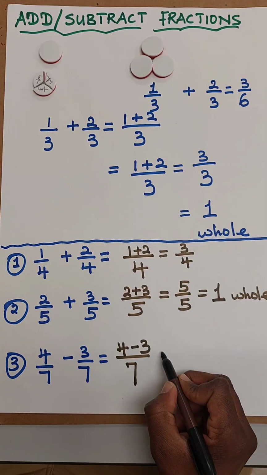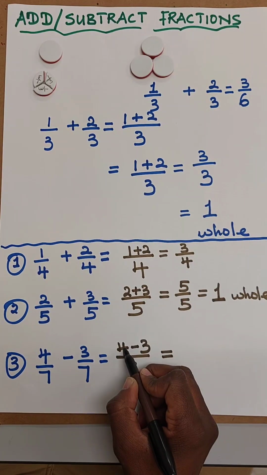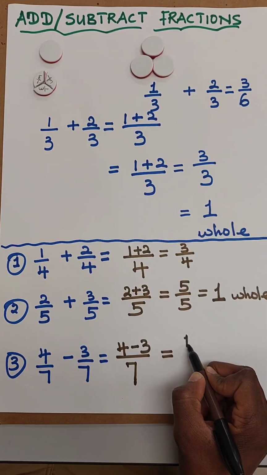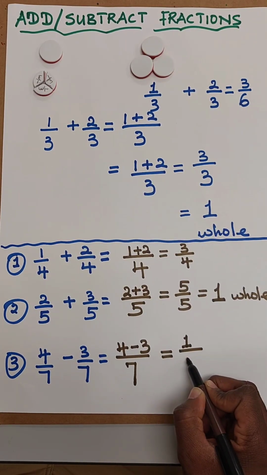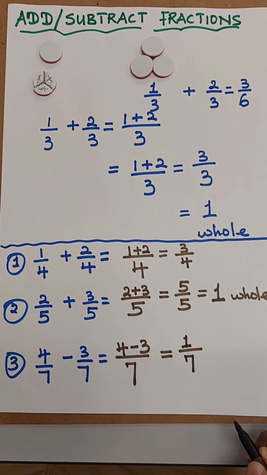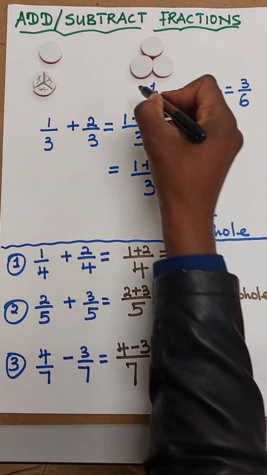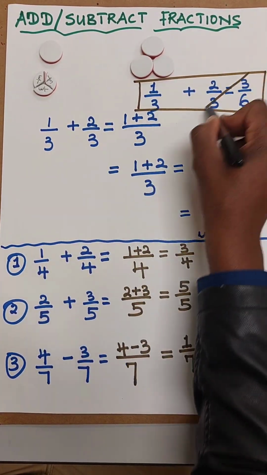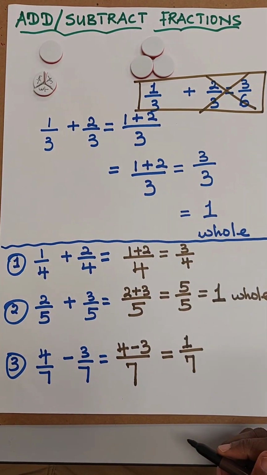So how many left? Okay, 4 were there, we took away 3. So now we have 4 minus 3, 1 left out of the initial number that was 7. So this misconception right here, boo, we don't want that misconception anymore.